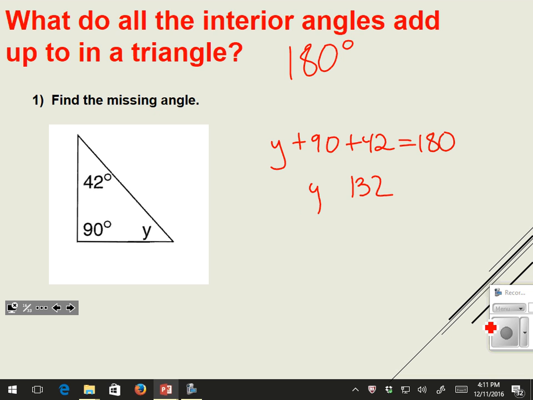Drop down the y. Now I'm going to find y by subtracting 132 from both sides. Thus, y should equal 48 degrees.